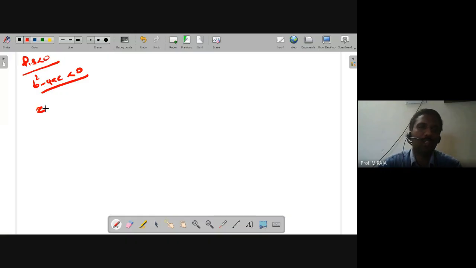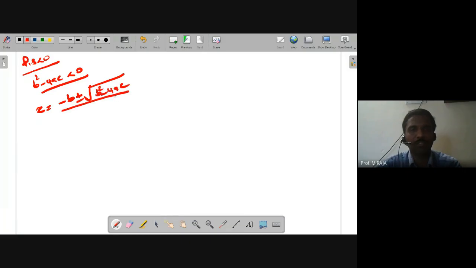In this case, x is equal to minus b plus or minus square root of b square minus 4ac by 2a. Here in the term square root of b square minus 4ac, we have a negative quantity. We cannot take a square root of a negative quantity.